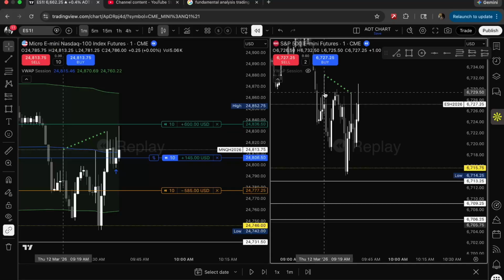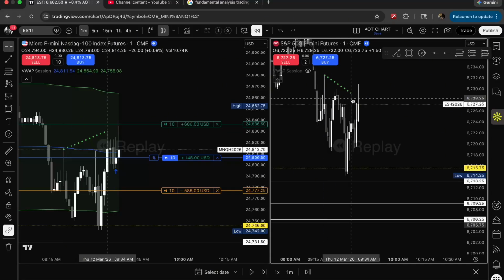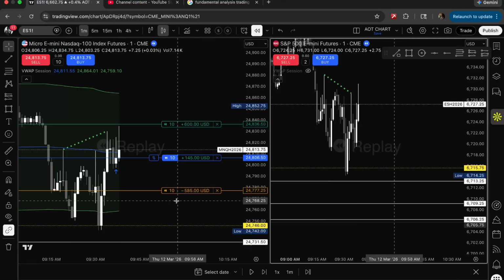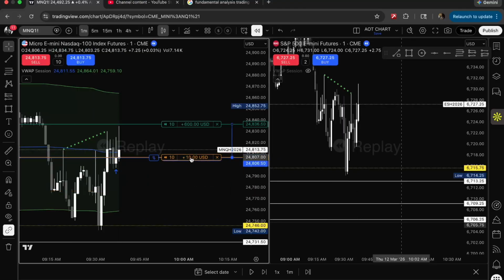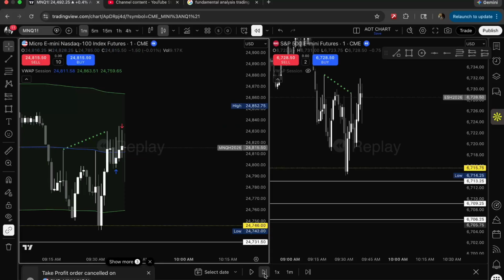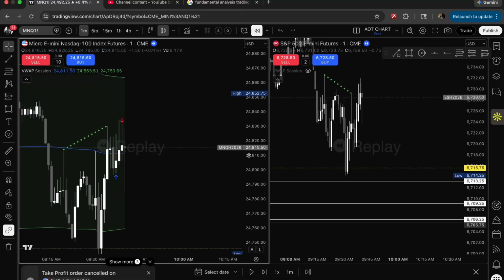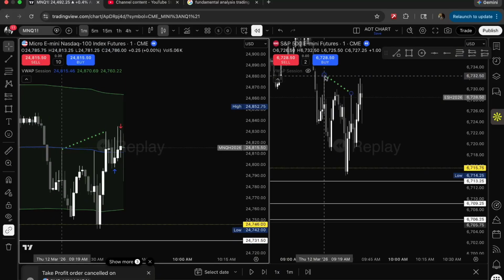These draws right here. But that could be stop rate, I ain't gonna lie. That could be stop rate. It didn't even take the draw.